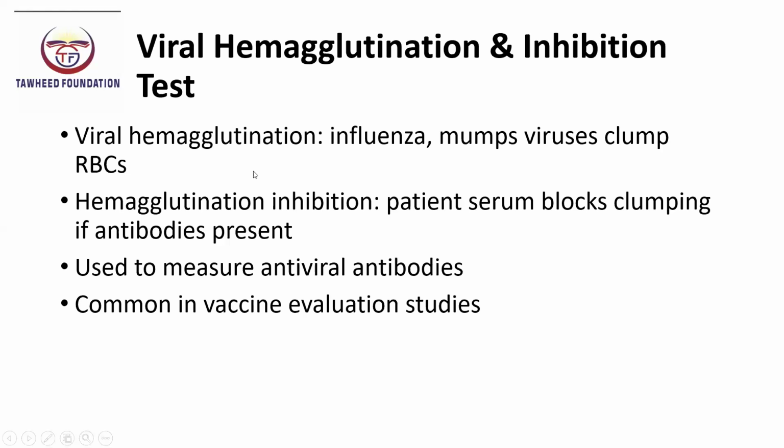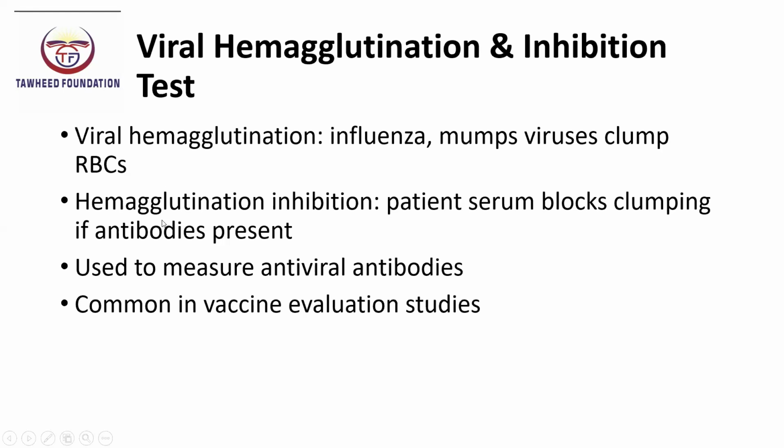So viral hemagglutination, such as influenza: certain viruses including influenza and mumps naturally agglutinate red blood cells due to the presence of hemagglutinin proteins on their surfaces. So in the viral hemagglutination test, the presence of the virus is confirmed by the clumping pattern of RBCs.